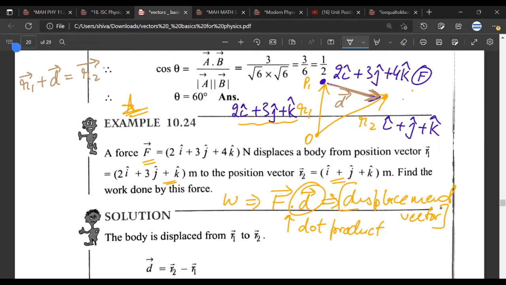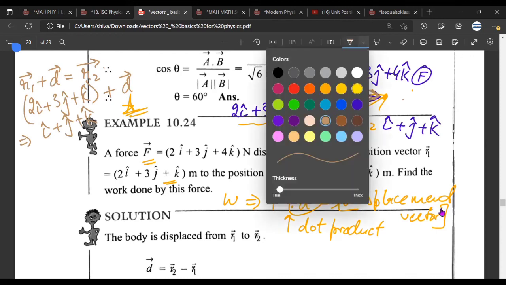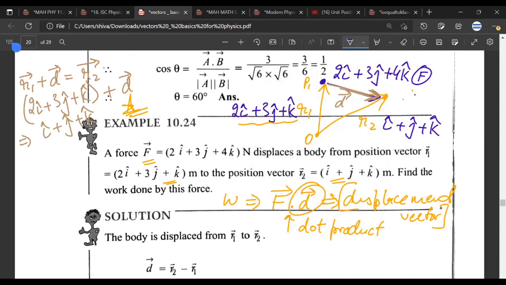So instead of R1, I write 2i plus 3j plus k plus d is equal to i plus j plus k. Have you understood what I've done? Yes, sir. So my d would be equal to i minus 2i plus j minus 3j plus k minus k.